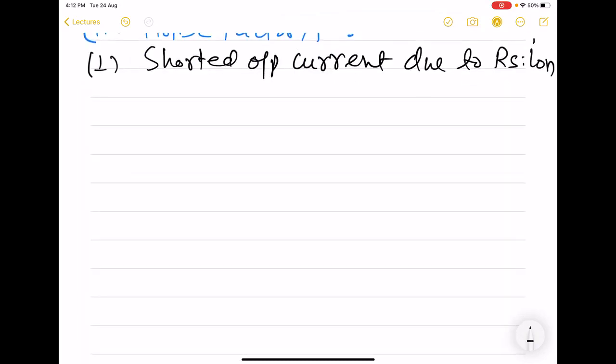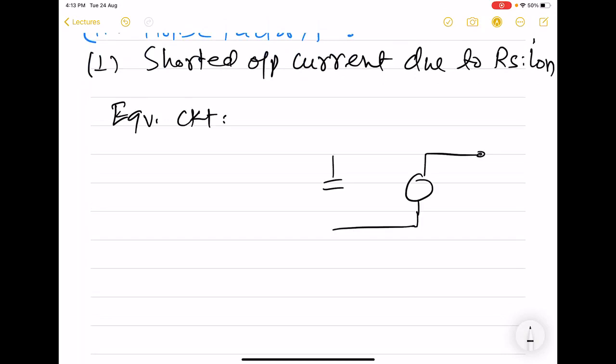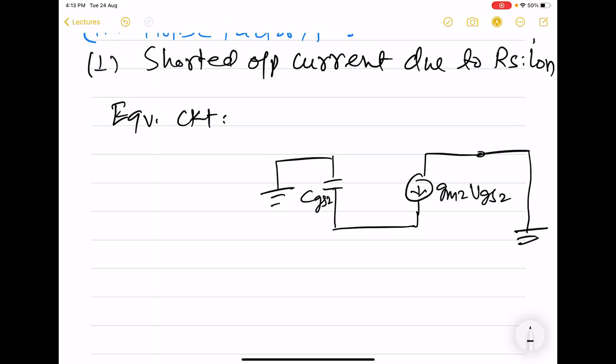So for this case, first we will have to draw the equivalent circuit. The gate of the second MOS is grounded, AC grounded. And this is the current we are looking for.